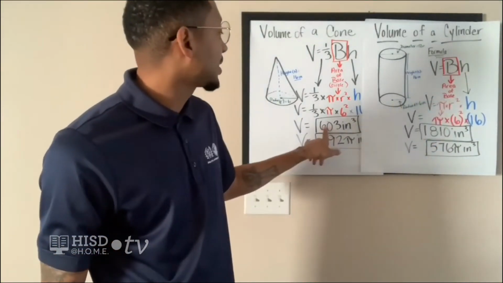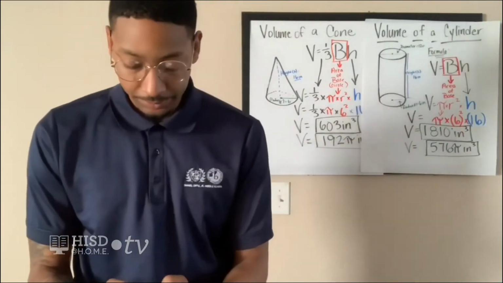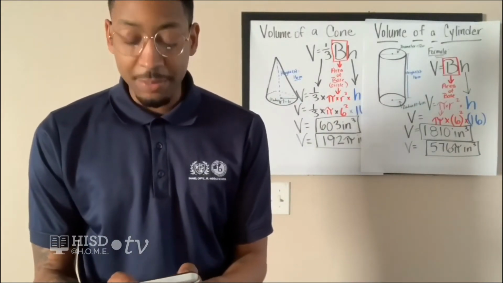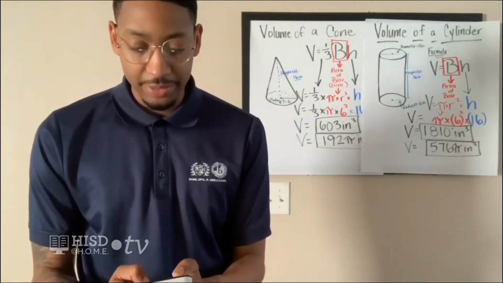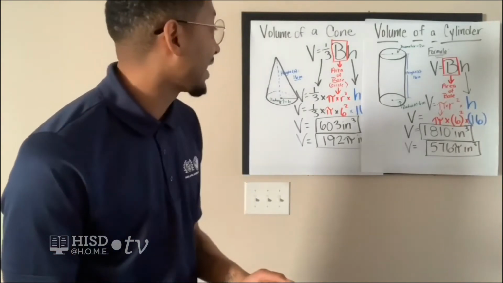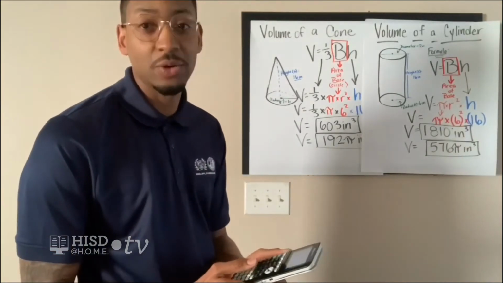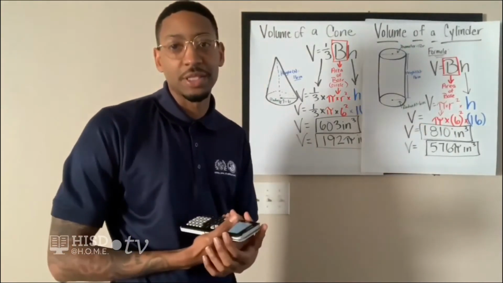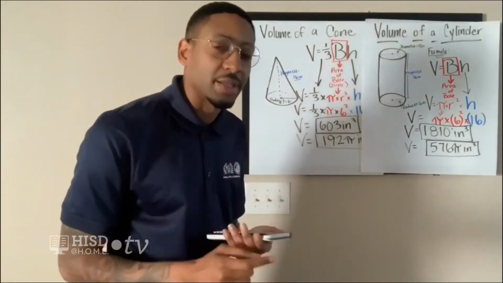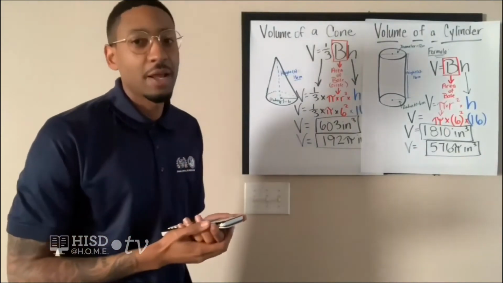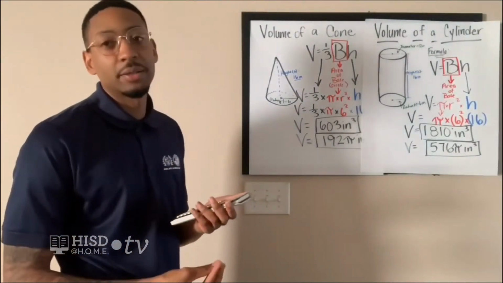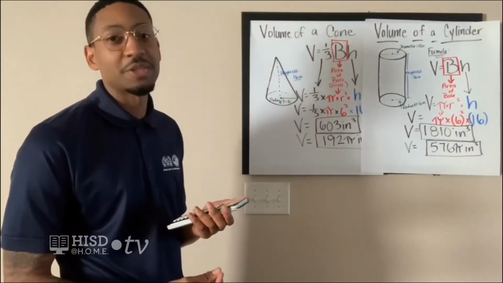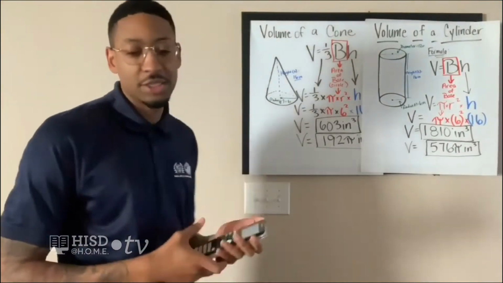So I'm going to take 603 and I'm going to multiply it by 3. I get 1809. Which is almost 1,810. So remember I rounded, so that's why our numbers are a little off. But it's 1 away, which proves what I just told you is true.